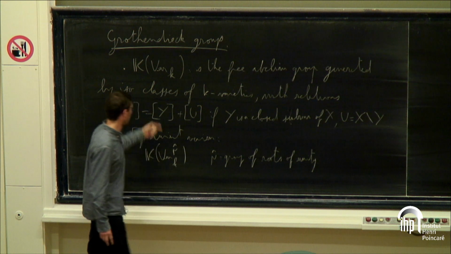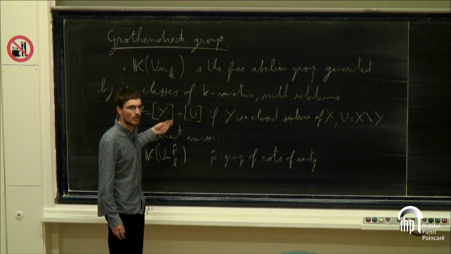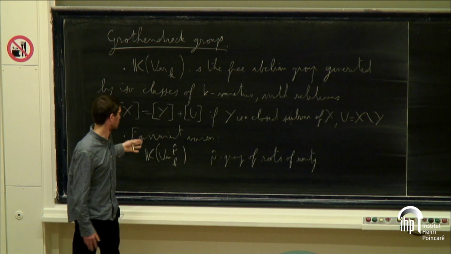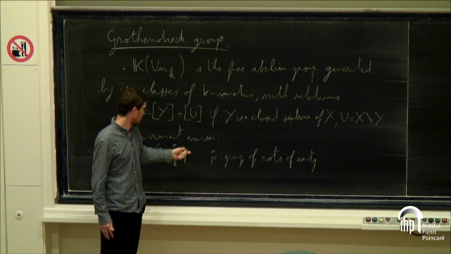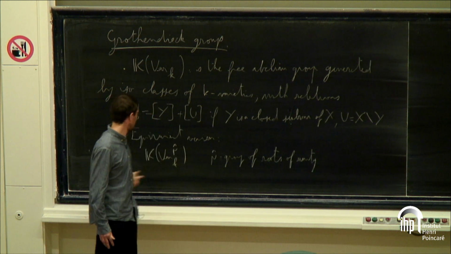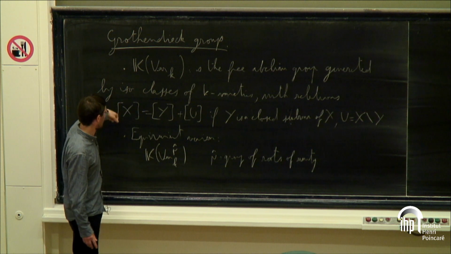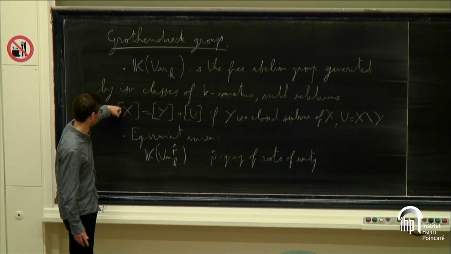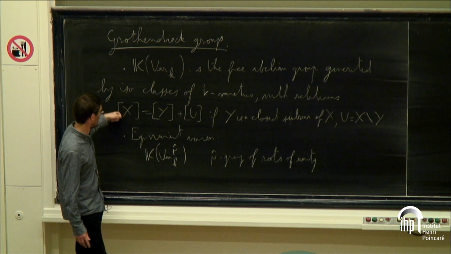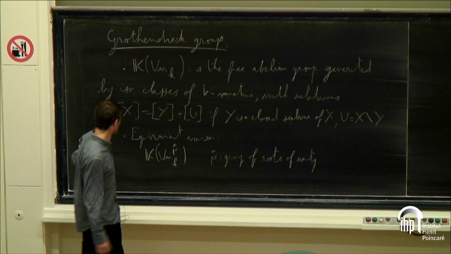I consider isomorphism classes of varieties with some good mu-hat action, and by that I mean that the action factors through some mu_n, where mu_n is the group of nth roots of unity. I also put the scissors relation, with the requirement that the action of mu-hat on X restricts to an action on Y and U.